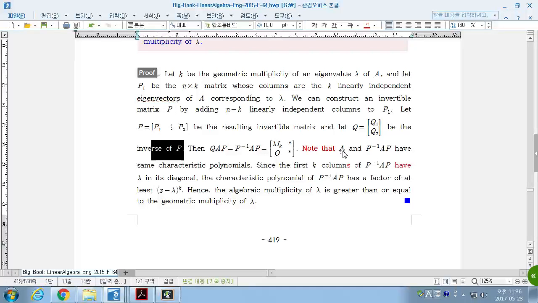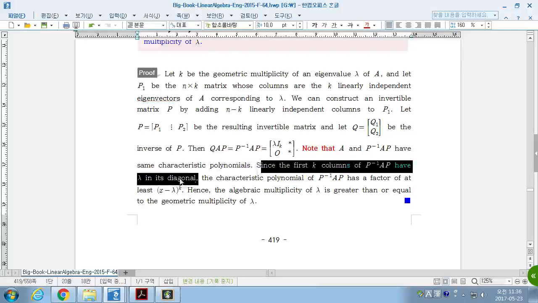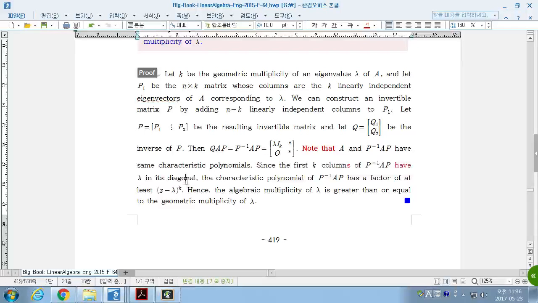Here, note that A and P inverse AP have the same characteristic polynomial, since the first k columns of P inverse AP have lambda in its diagonals. Here, the characteristic polynomial of P inverse AP has a factor of at least (lambda minus x) to the k. Hence, the algebraic multiplicity of lambda is always greater than or equal to the geometric multiplicity of lambda.